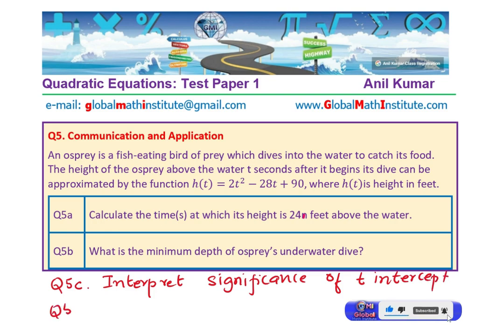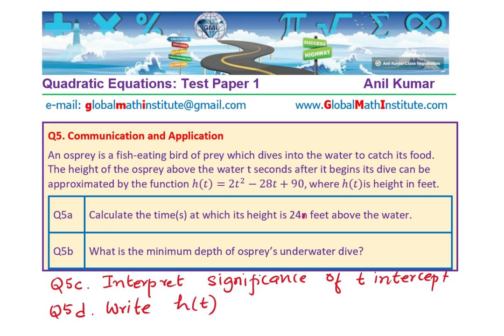And question number 5D as, write h of t equals a times t minus h whole square plus k. So we'll just extend it to two more parts so that we can completely understand the significance of this particular application.